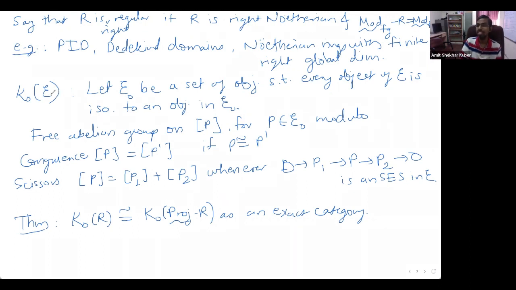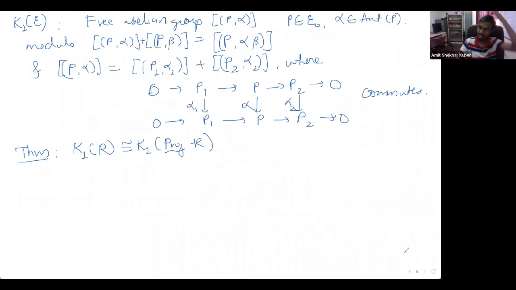The exact structure of E is inherent, it's inbuilt, and nowhere are we using references to any A, the ambient category A. So therefore it is K0 of E and K1 of E.